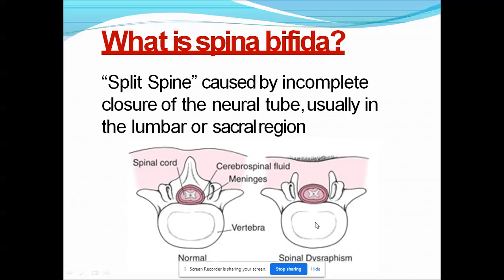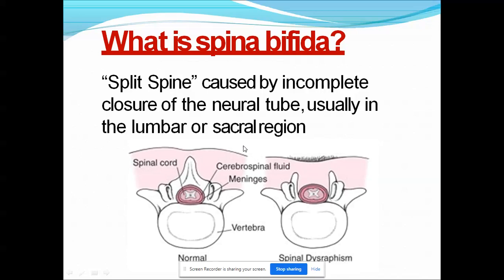But in case of spinal deformity, on the right hand side there is a defect posteriorly, so the spinous process as well as the posterior aspect of the vertebral body is not prominent. You can see on the skin there is some hair also. So on observation, this kind of hair will be prominent on the lumbar region.